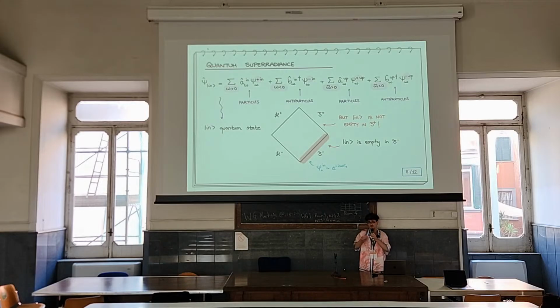As we have defined, this in quantum state is empty at scri minus, asymptotically far away from the horizon in the asymptotic past. So the question now is, okay, is it empty in scri plus? If it's not empty, then we would have spontaneous particle creation, and then we would have quantum superradiance. Okay, so basically that's what happens.